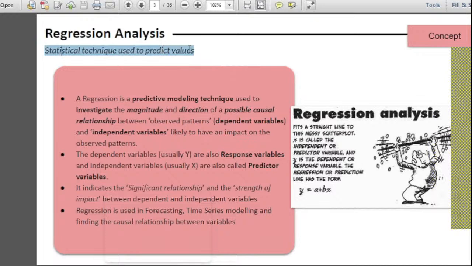Regression is a statistical technique used to predict values, as some of you also said, prediction. But the important thing here is that it predicts the dependent variable, which is continuous. So my dependent variable is not categorical, it is a continuous variable.